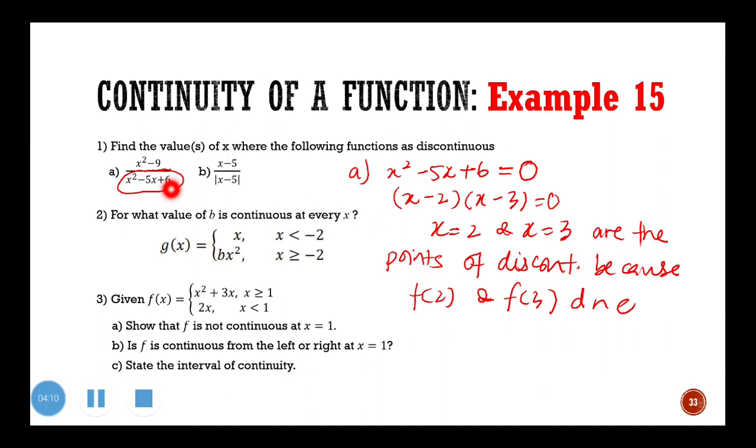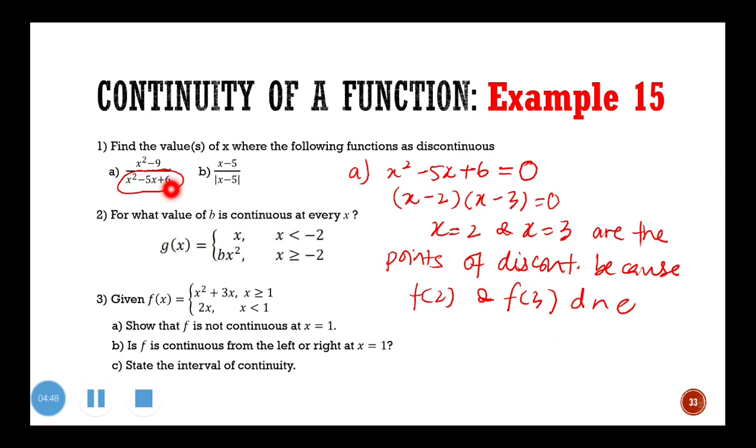The first checklist is you have to make sure that f(a) exists, is defined. For this case, our a is 2 and 3, and we have found that f(2) and f(3) do not exist. So we know that x equals 2 and x equals 3 are the points of discontinuity for the function f(x).